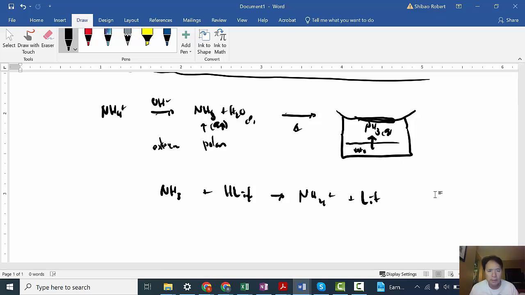Okay, so what's important for this is that the ammonia gas gradually turns the red litmus to blue. The red litmus is an acid. So we have an acid-base reaction here. Okay, and this is a piece of litmus paper stuck on the bottom of the watch glass. And so this would be a positive test for ammonium.